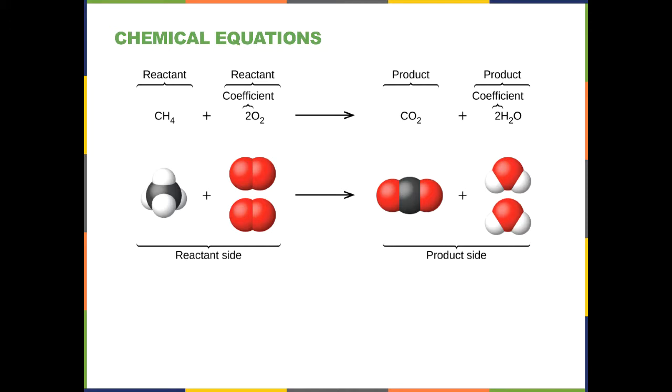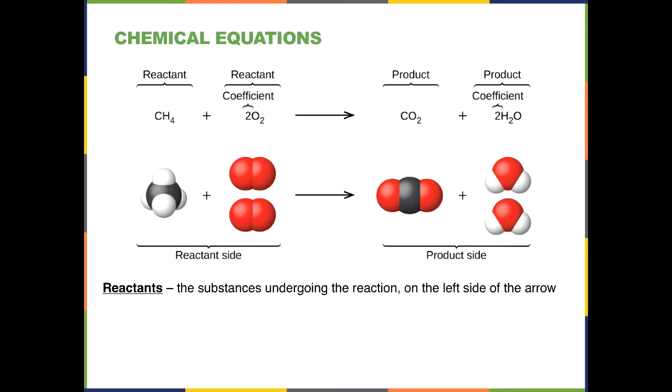And you can see that a black ball with 4 white balls combines with 2 red ball pairs to form 1 black ball with 2 red balls and 2 red balls with 2 white balls. And you'll notice that there are 4 white balls on one side, 4 white balls on the other side, so it's a balanced equation. 4 red balls on one side, 4 red balls on the other side, and 1 black ball on each side.